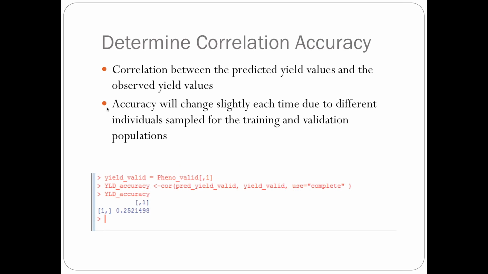And so the yield correlation accuracy was 0.25. And again, this number will change based on what individuals you have sampled. So the 0.25 will vary a little bit based on the individuals that were sampled in the training population.